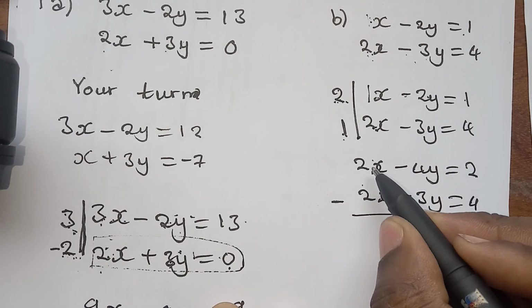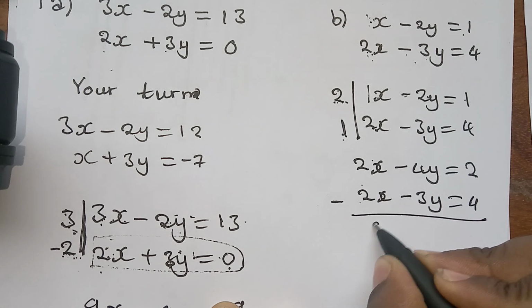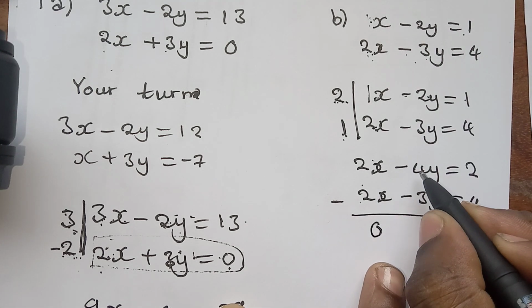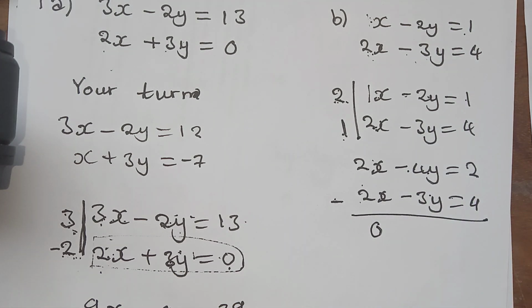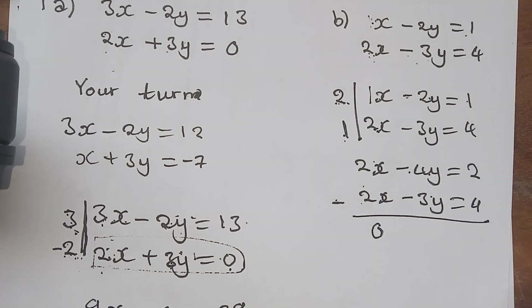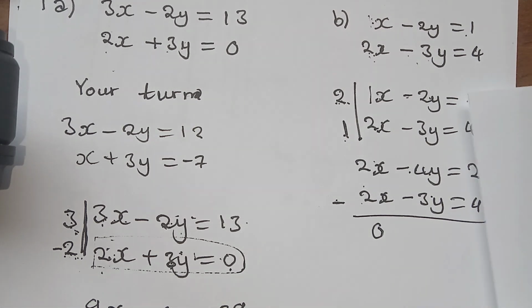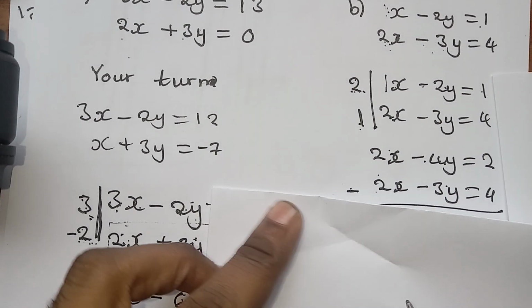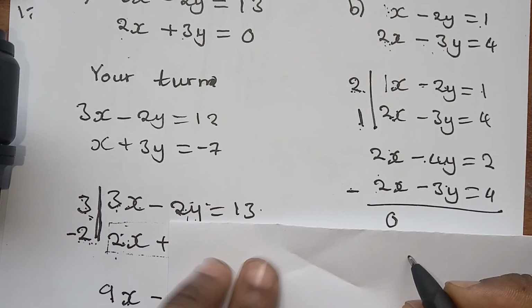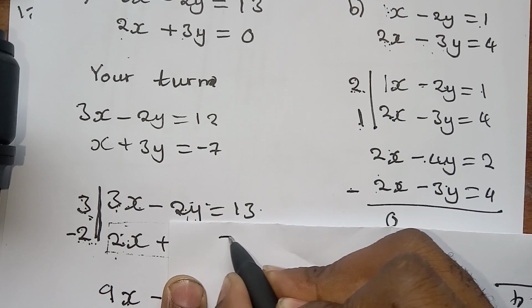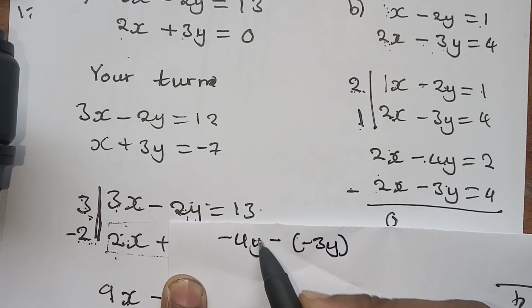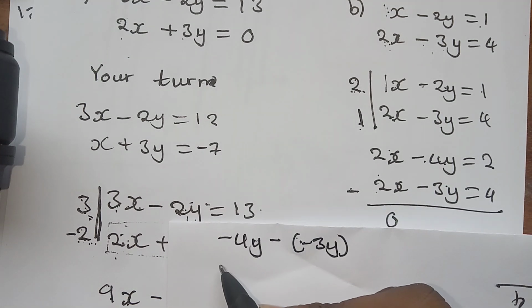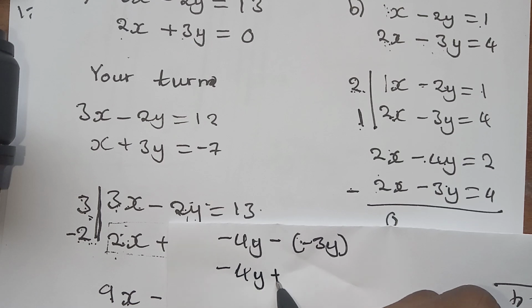So you can say 2x minus 2x, this is a 0. And then negative 4y minus negative 3y. Don't forget that you have two negative signs there. So negative times negative is positive.